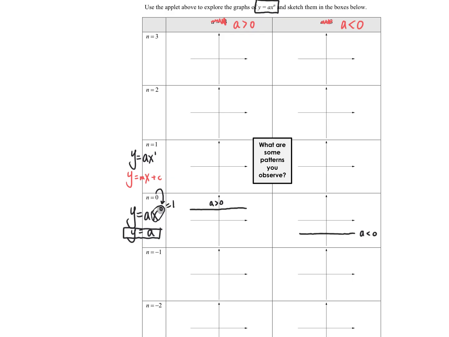Next one. Can you see that this is just your linear graph? When your gradient is positive, it goes upward. When your gradient is negative, it goes downward. And the y-intercept is 0.